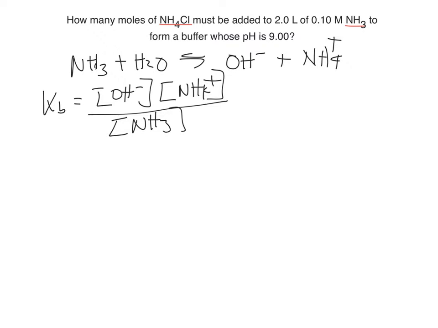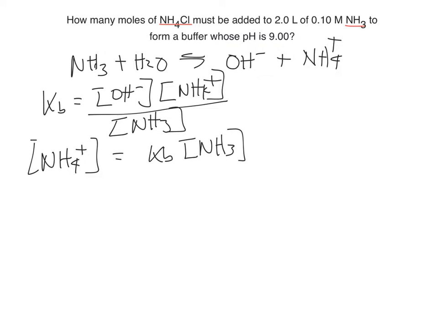So we need to calculate the concentration of NH4Cl. By using this equation of Kb, we can determine the concentration of NH4 plus, which is equal to Kb times the concentration of NH3 divided by the concentration of OH minus.